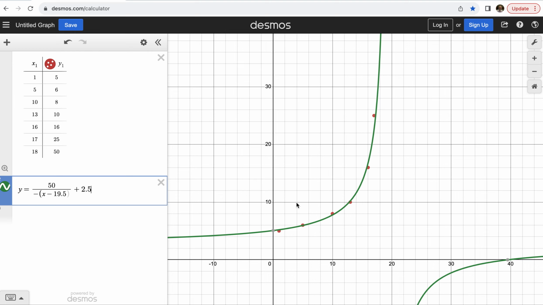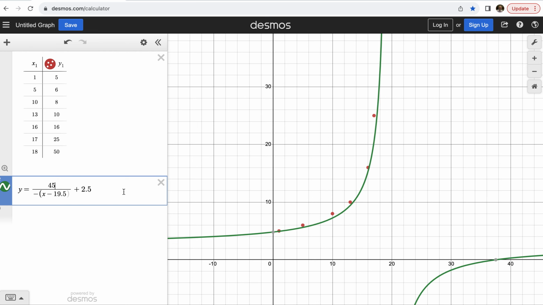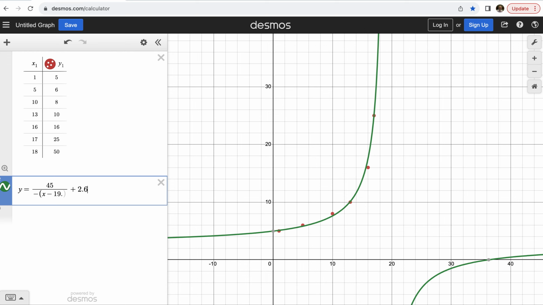And you see how I'm starting to get it to fit pretty well. Maybe 45. And maybe not quite over there. Maybe go back to 19. And maybe up a little bit more, 2.6. And I'm now pretty much touching all the points of their data. So my equation is basically y equals some number over x, but flipped and slid over in the positive direction, 19, and up 2.6.